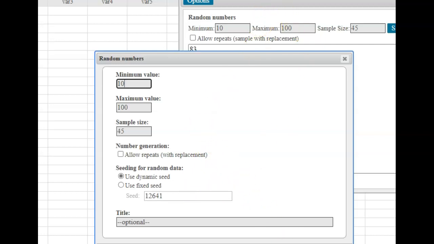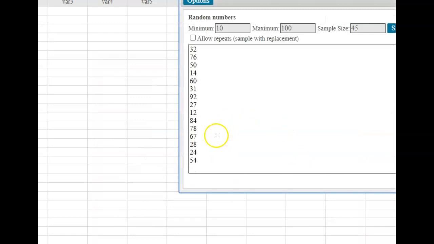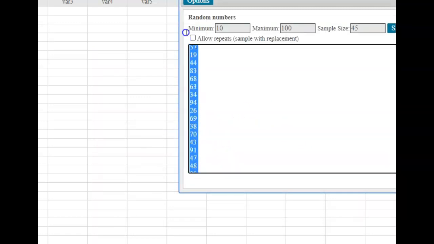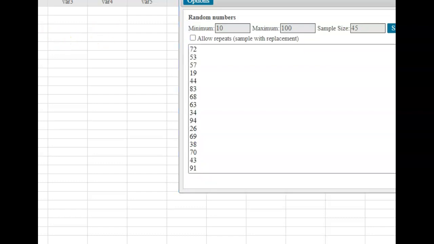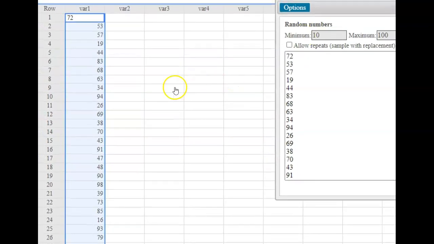I'm going to take these numbers and put them in a column here. There you go. Here are my 45 grades, in that first column.